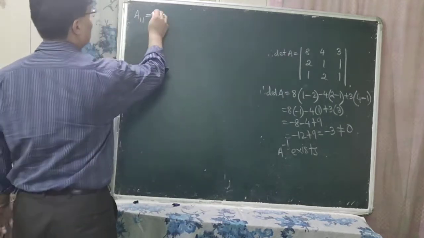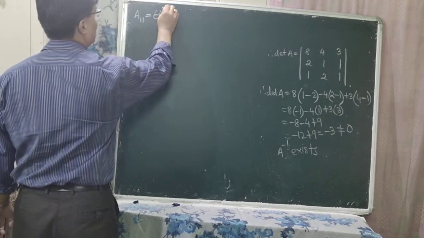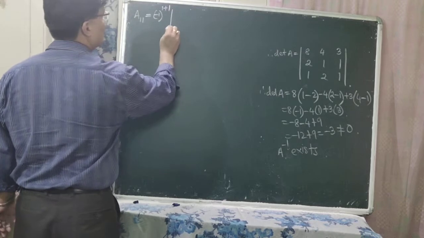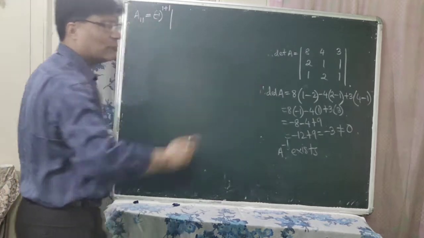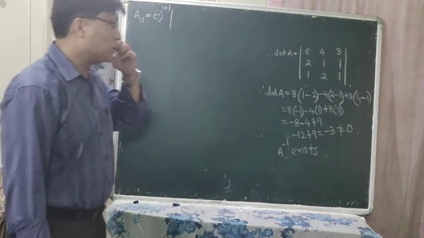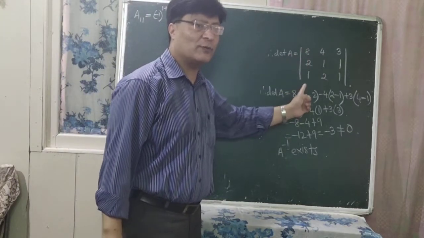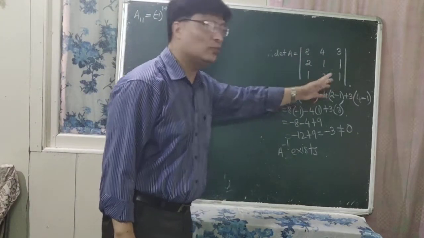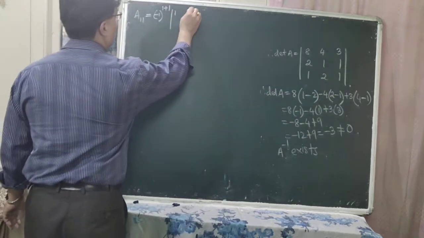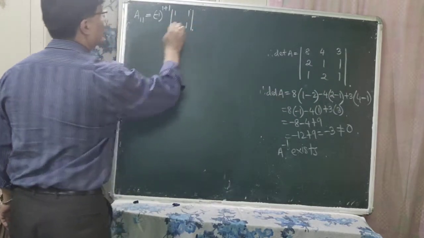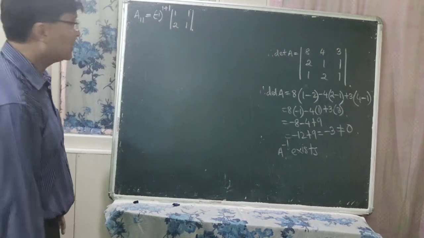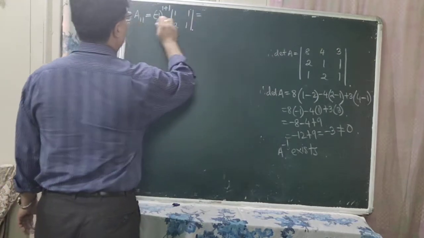What is the cofactor of 8? First of all, consider the sign, minus 1 whole to the power 1 plus 1. Now delete the row and the column through the element 8 and write it in determinant form. The first row and first column are deleted. What remains is 1, 1, 2, 1. Right? So what is minus 1 whole square?